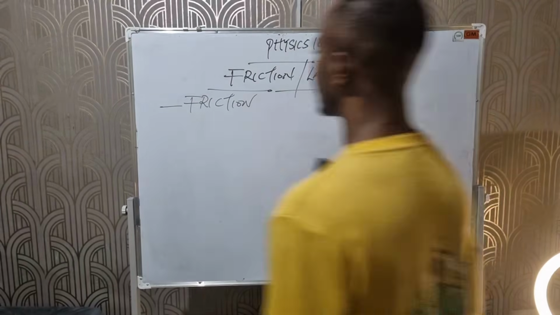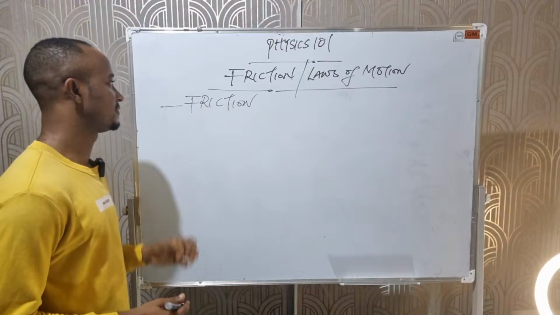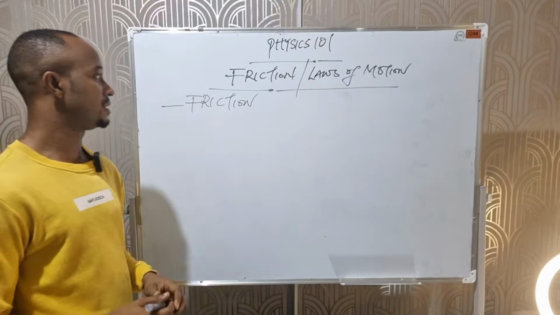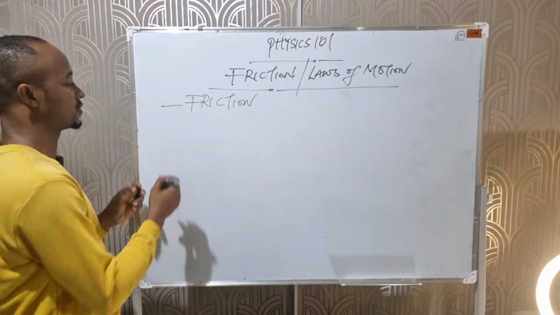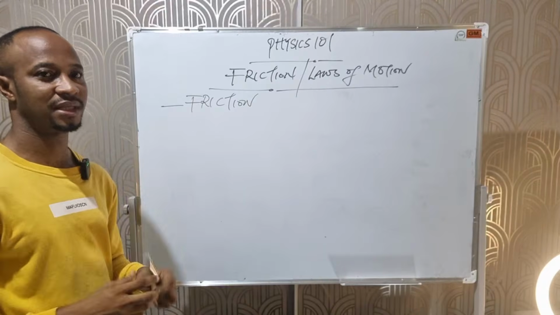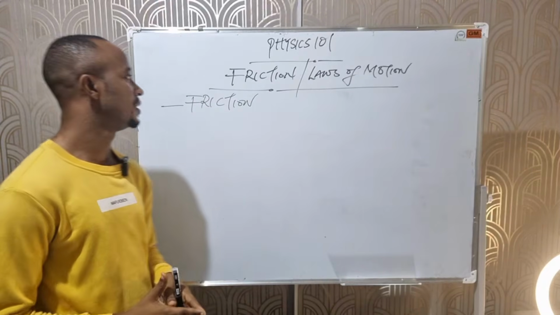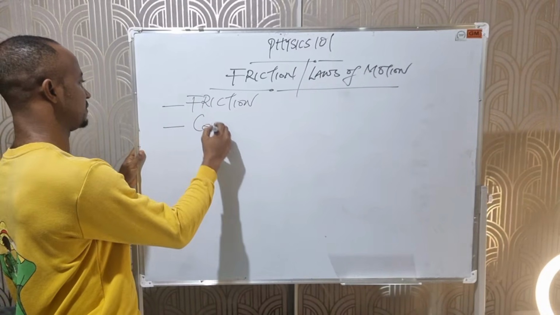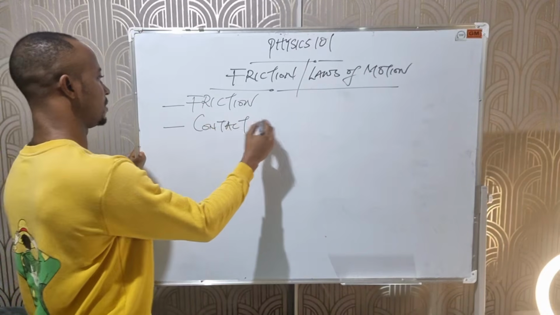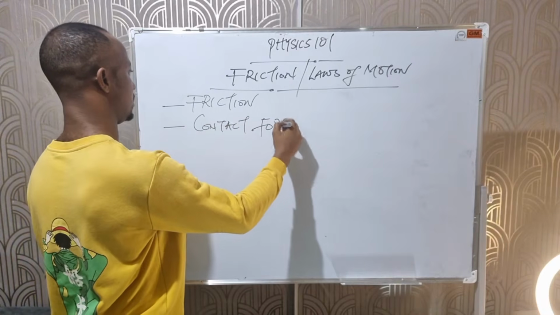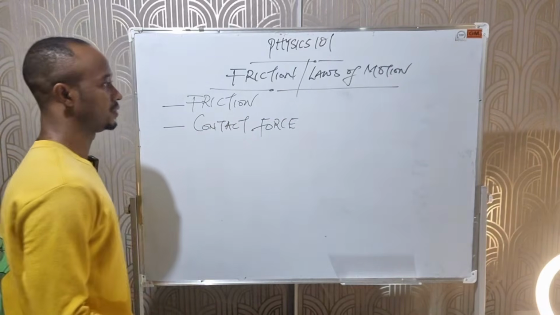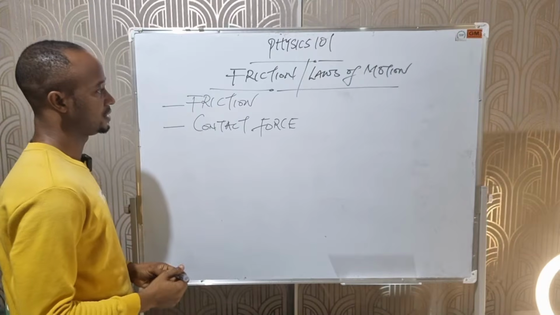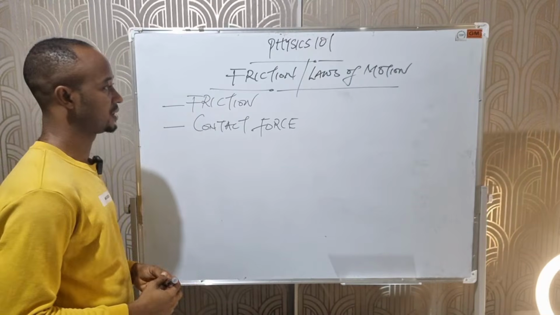All right. We all know what friction is, right? Friction simply means a force of opposition. In fact, friction is a type of force called contact force. I want to believe that we all know that force is an agent that causes motion, right?